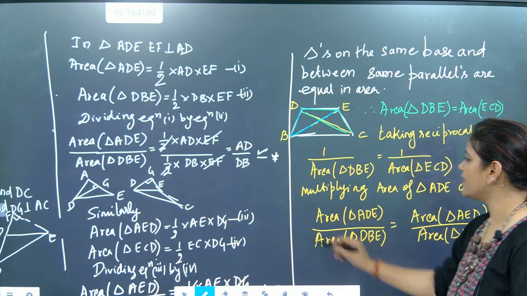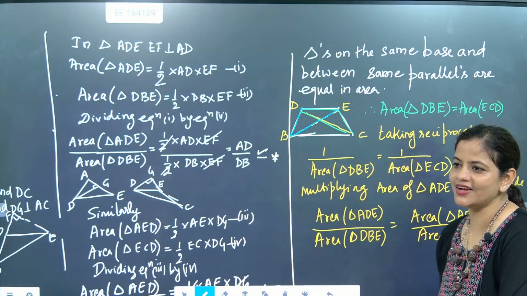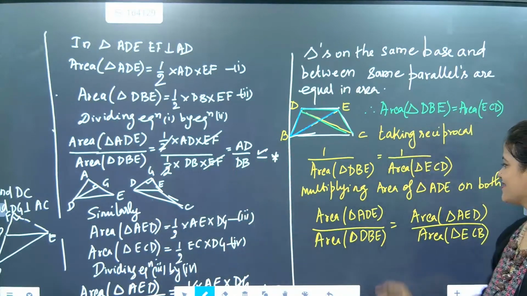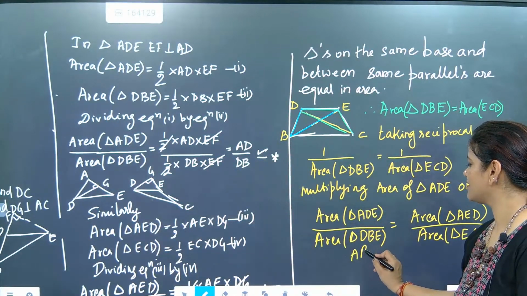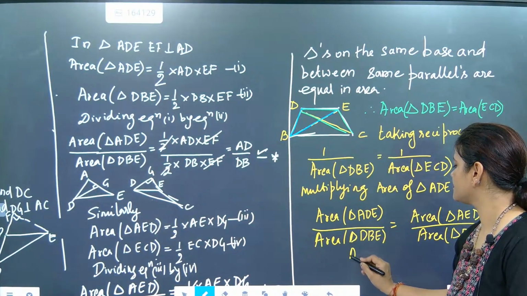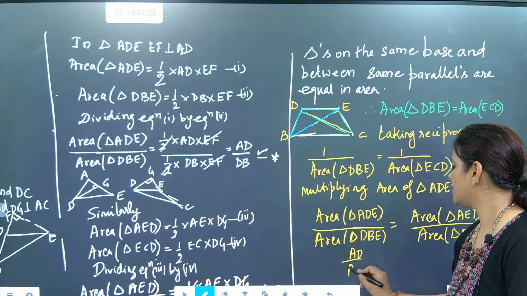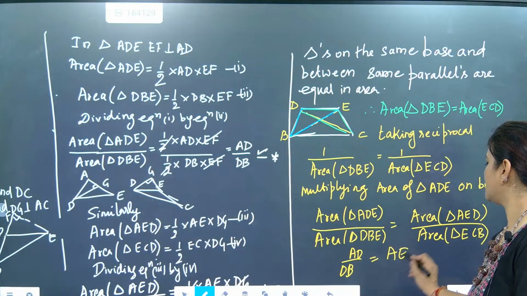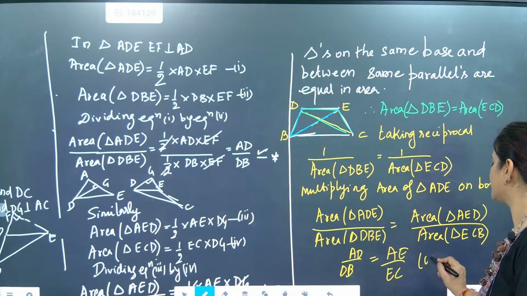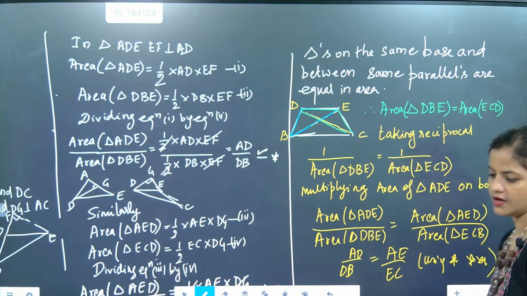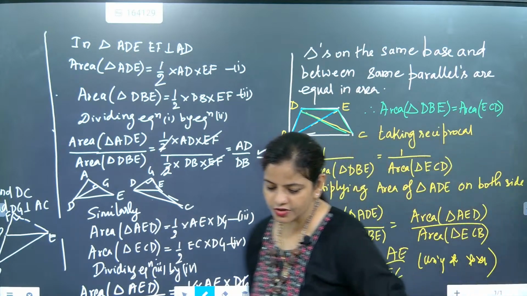Now, beta, here from star and double star we need to write. What is the star? AED, ADE and DB. AD by DB is equal to AE by EC using star and double star. Done. Understood?